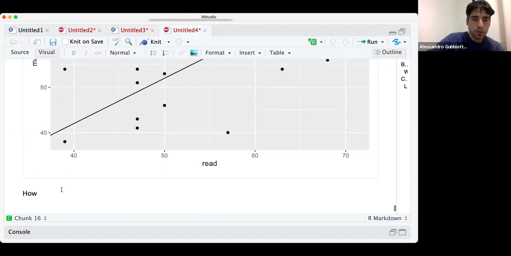Well, how to choose the best values for beta 0 and beta 1?